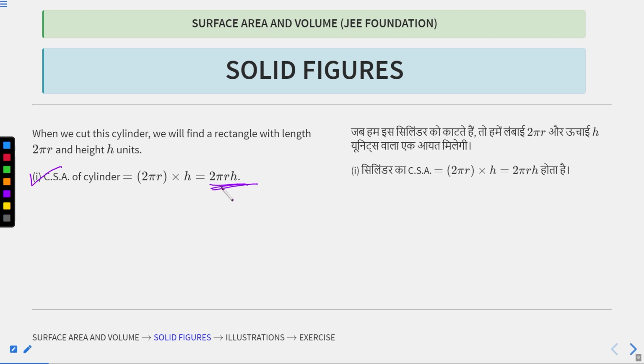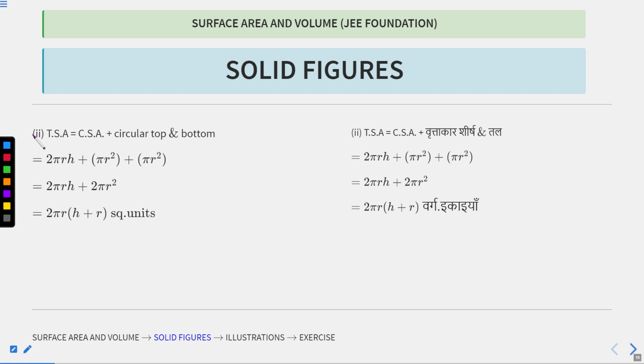Okay, let's move. Now the total surface area. We already know the curved surface area, which is the red shaded region, and in total surface area we want to add the area covered by the circular parts.